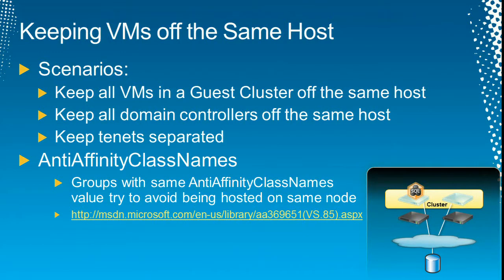So you want them to be on different nodes if possible. We have an attribute called anti-affinity class names, which you can set for a virtual machine, which will tell clustering to try, if possible, to keep these VMs off the same host. If there's no other host available and there's no other way to bring it up, availability is most important, so it will still bring it online on that node. But the goal is to try to keep these things away from each other.